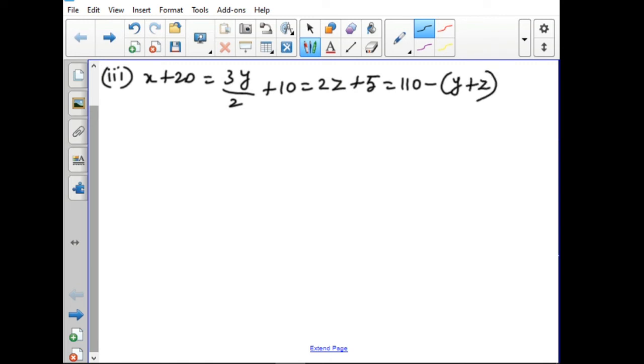See, the third one they have given x plus 20 equal to 3y by 2 plus 10 equal to 2z plus 5 equal to 110 minus y plus z.